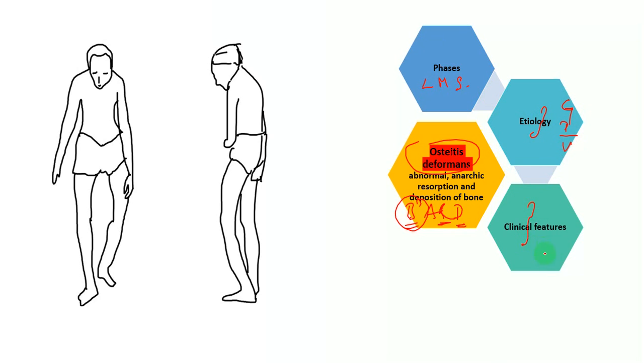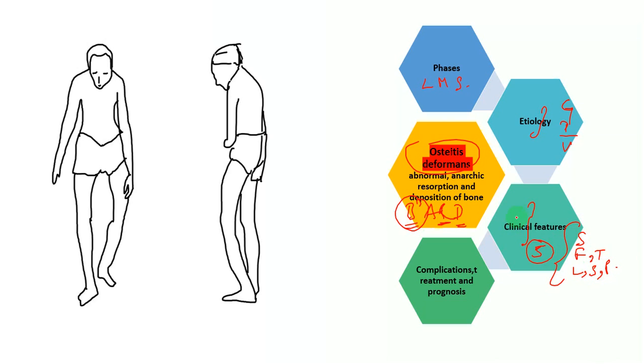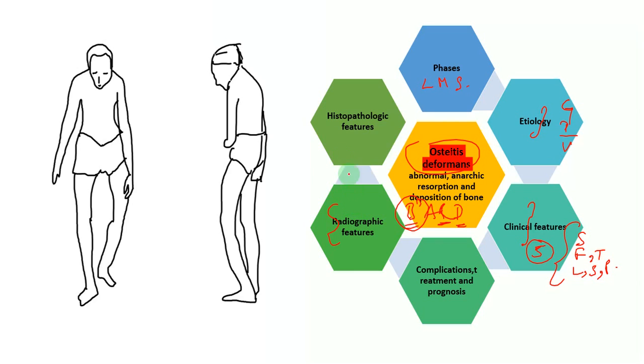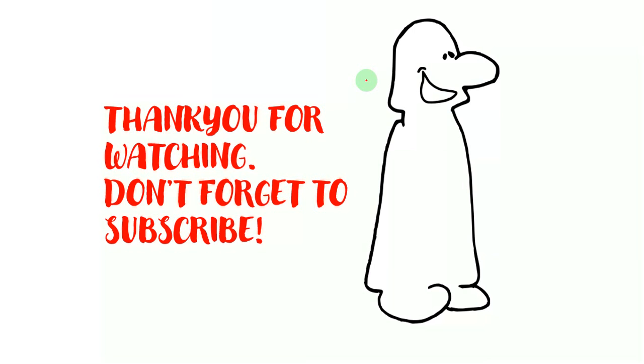Clinical features, where I told you about these sites, the 5 sites which were skull, femur, tibia, lumbar vertebrae, sacrum, and pelvis, right? So if you remember these, you can easily tell all the clinical features. There were complications in treatment and prognosis, radiographic appearance of cotton wool appearance, and osteoporosis circumscripta, and histopathological features of jigsaw puzzle or mosaic pattern.